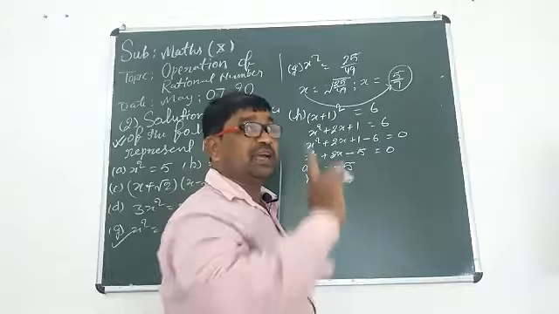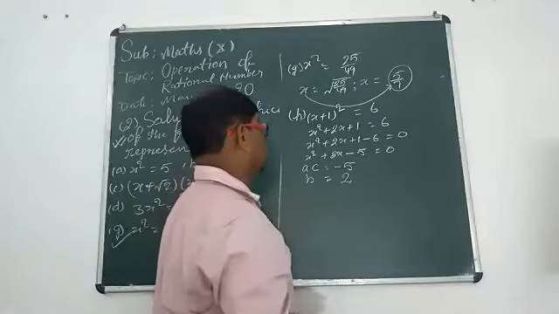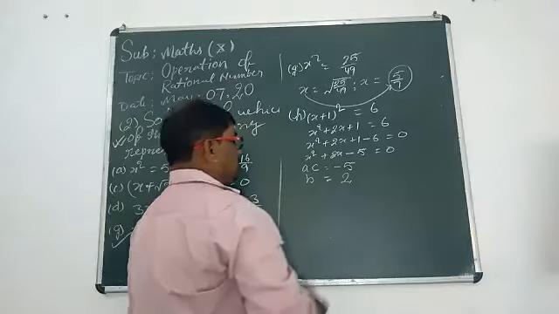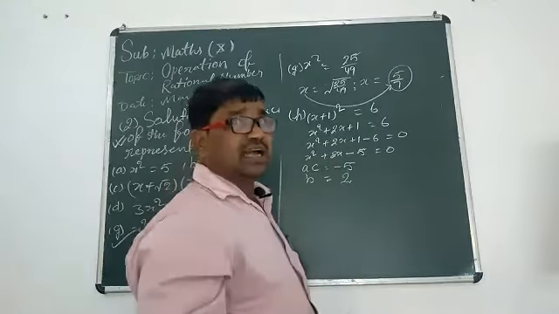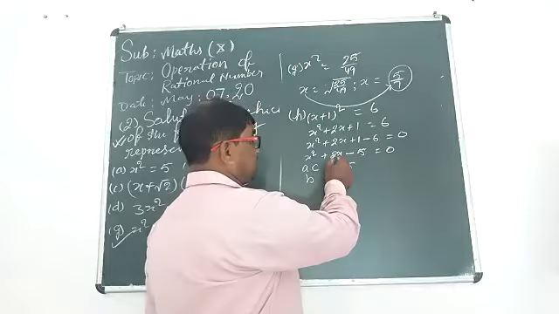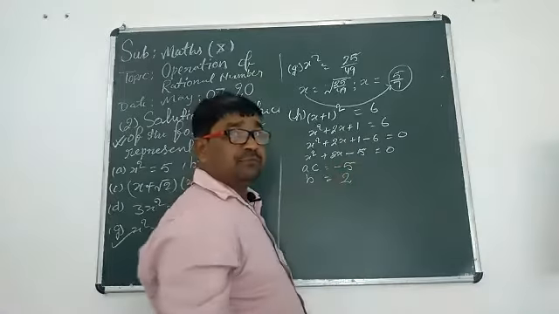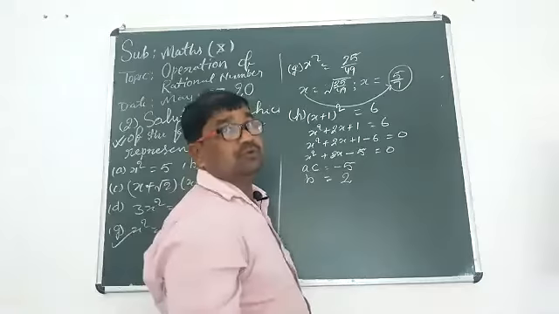You may have forgotten, try to recall a little. Now how you can split? We will split the middle term into two parts such that the product of these two parts will be -5 and the sum of these two parts will be 2.